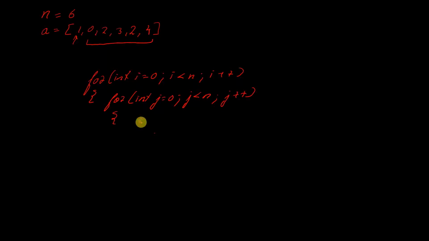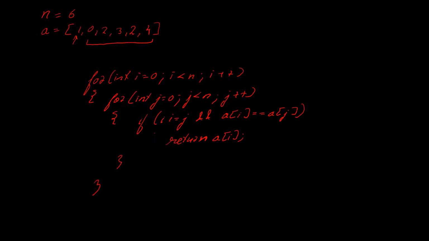Now we have a condition: if i is not equal to j and a of i is equal to a of j, that means we have found a duplicate element. So here we will return that element. Otherwise we will increase i and check for the next element, and this loop will run till the length of the array. This approach is of time complexity O of n square, which is not good.